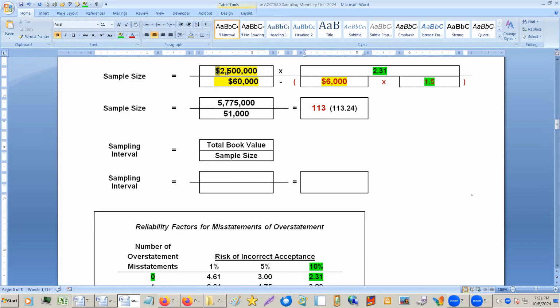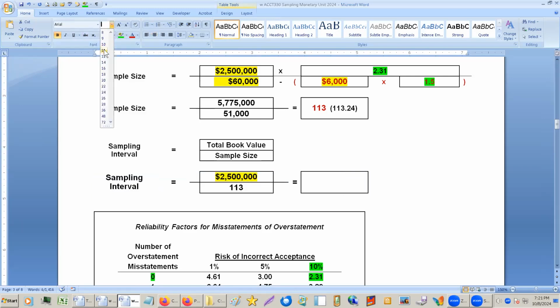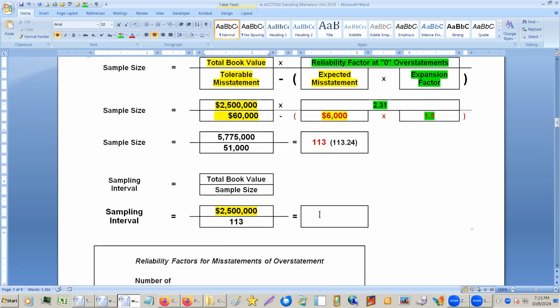Our book value is 2.5 million. We're going to divide it by, why are these so small? Okay, whatever that is.